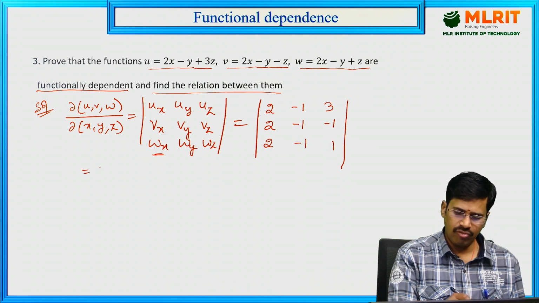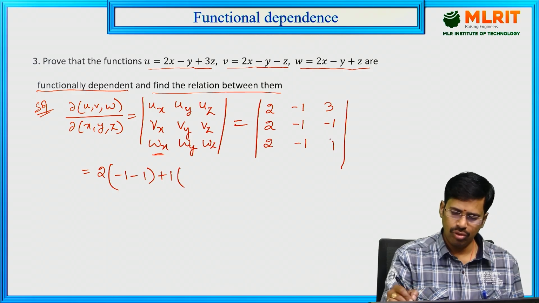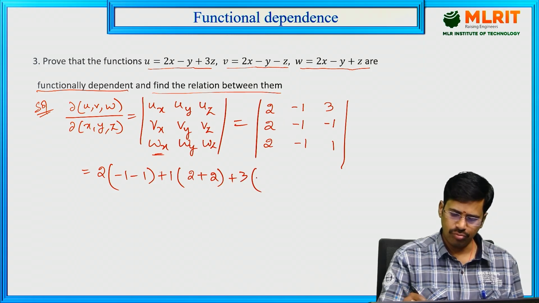So this is equal to 2 into (-1 -1) minus of (-1) into (2 plus 2) plus 3 into (-2 plus 2).